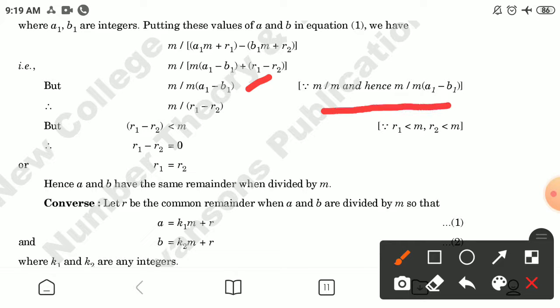Therefore, m also divides r1 minus r2, but the magnitude of r1 minus r2 is less than m, since r1 is less than m and r2 is less than m. Therefore, r1 minus r2 must be 0, or r1 is equal to r2. Hence a and b have the same remainder when divided by m.